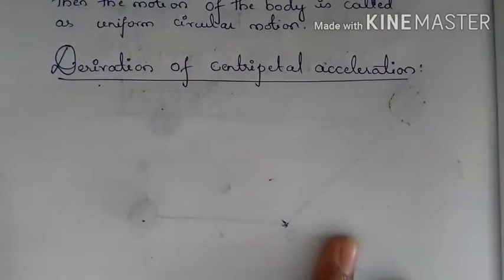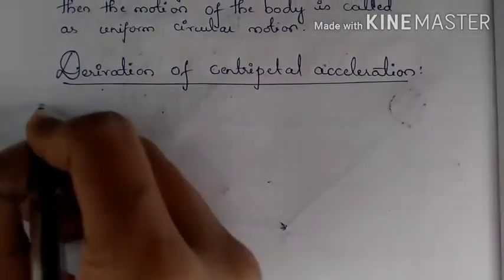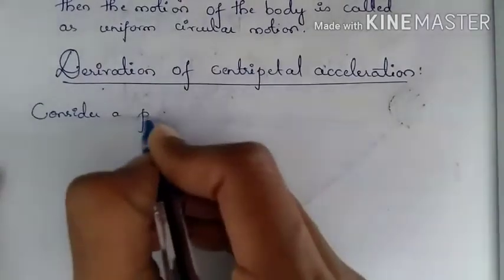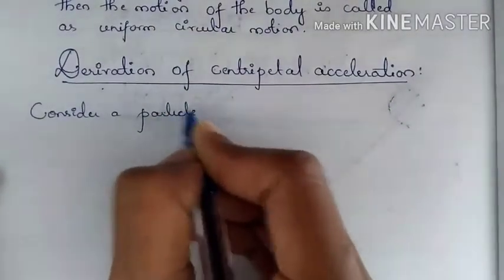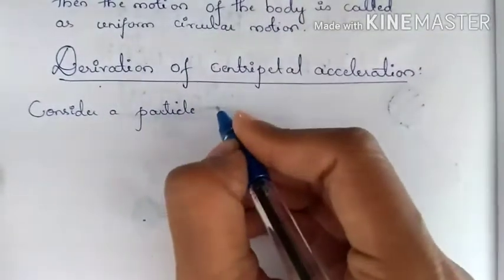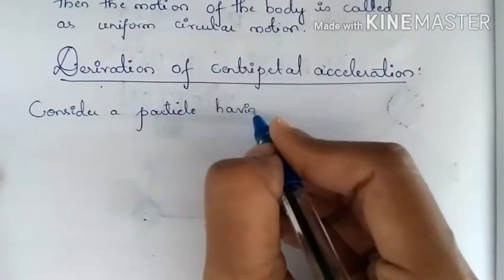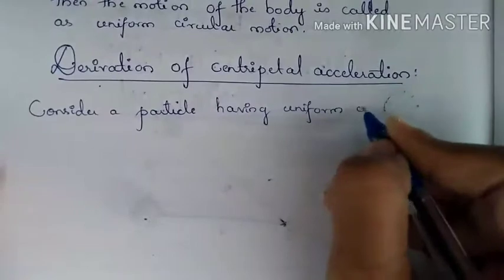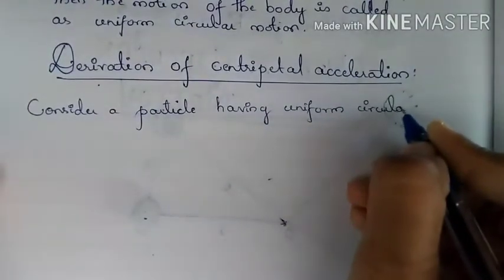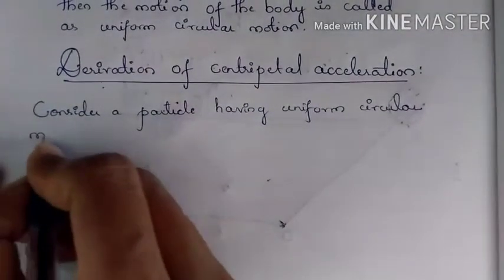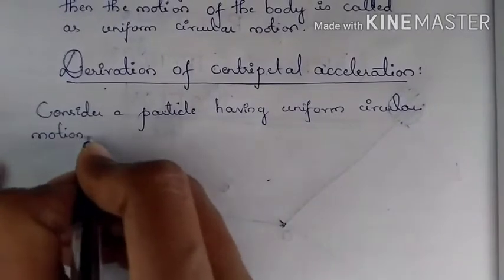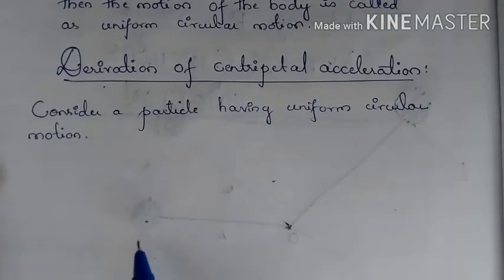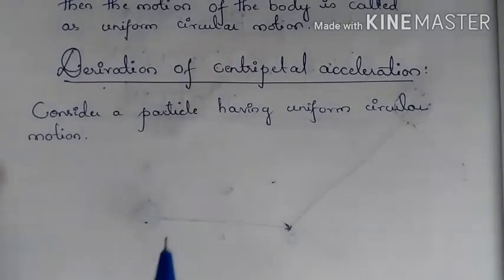To derive this, let us consider a particle having uniform circular motion. A body or a particle or an object which is having a circular motion is taken into account.